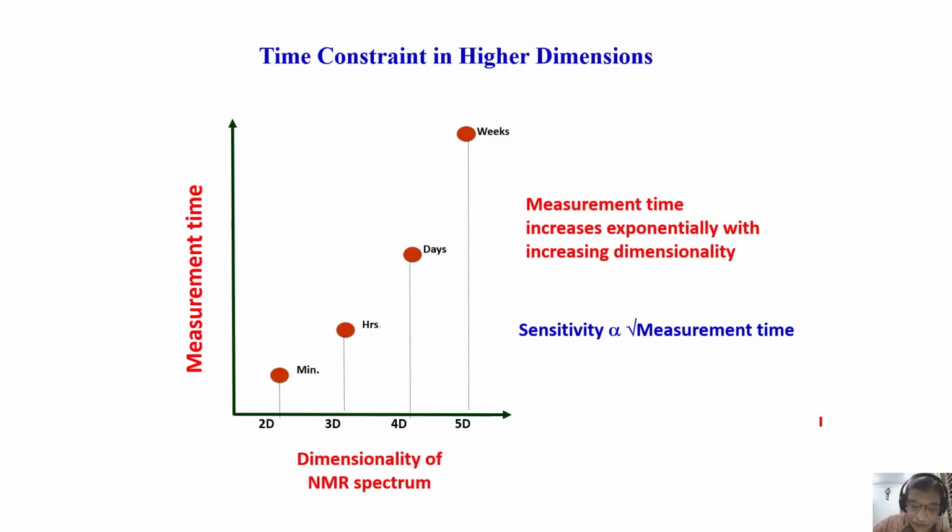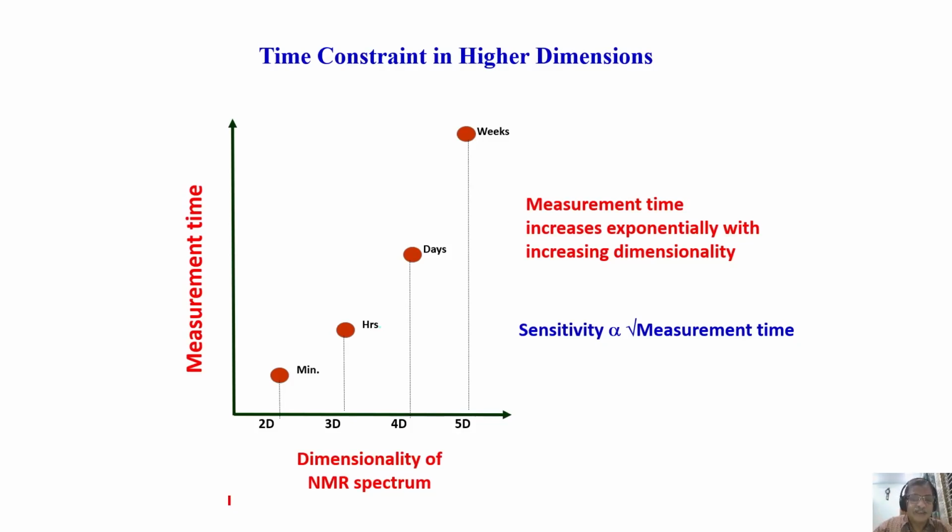Now, what is the time constraint? There is a time constraint. You cannot just start doing the higher dimension experiment like that. Remember, nowadays with present day sophisticated spectrometers, thanks to many vendors who have developed and designed very sophisticated experiments, probes, NMR spectrometers and magnets, compared to about 2 to 3 decades back, the time required to get an NMR spectrum is really fast.